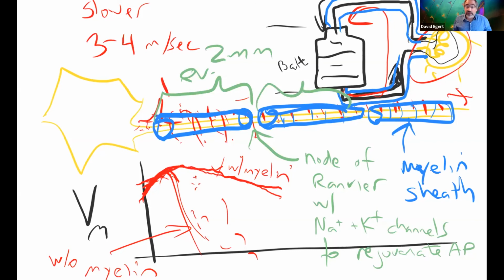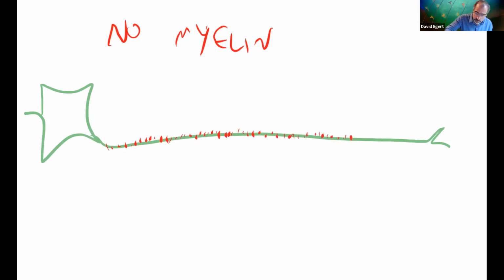So this means, in fact, I can show you, here's my axon, here's my target. If I don't have myelin, I have to rejuvenate every little section. It's like, open the sodium, open the sodium, open the sodium. Don't let the action potential die. Open the sodium, open the sodium, open the sodium.